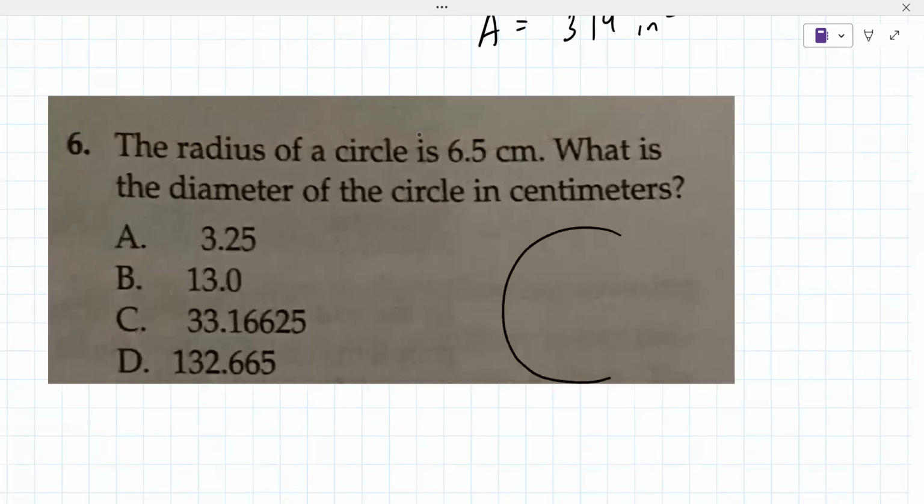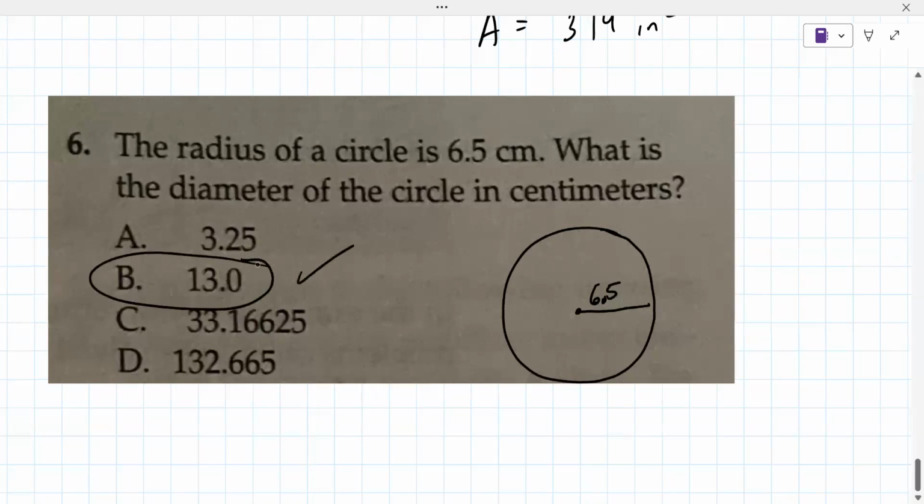What I would recommend is to draw a circle and draw the radius, 6.5, like that. What is the diameter of the circle in centimeters? So what is it if you go all the way across? What do you think? 13. Is that an answer? Yeah, B. There it is. Good. Really good.